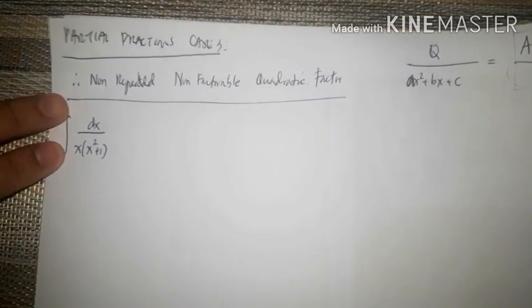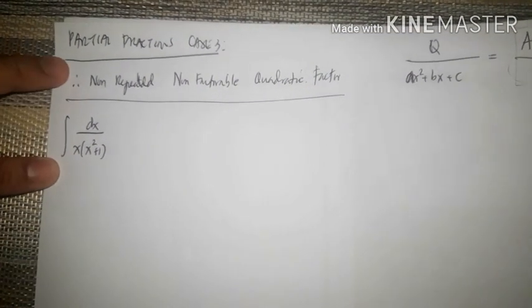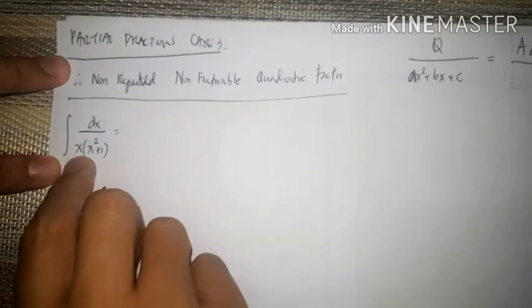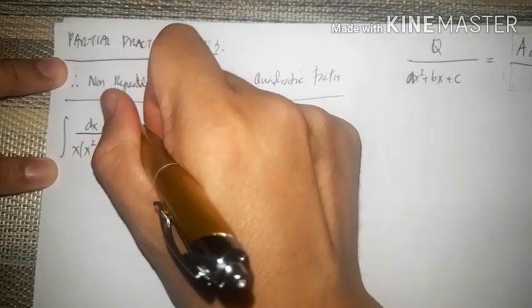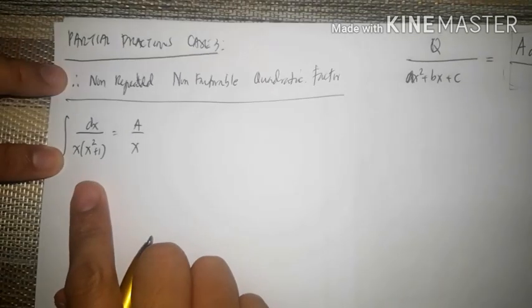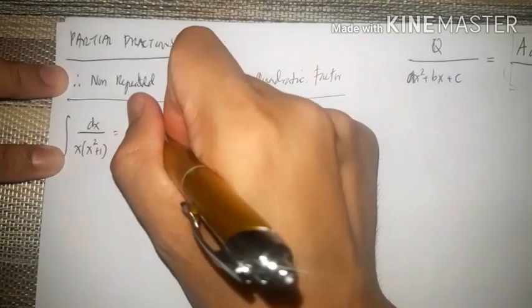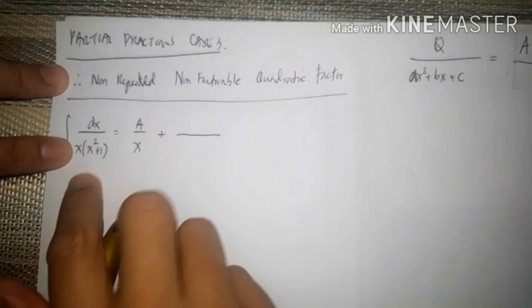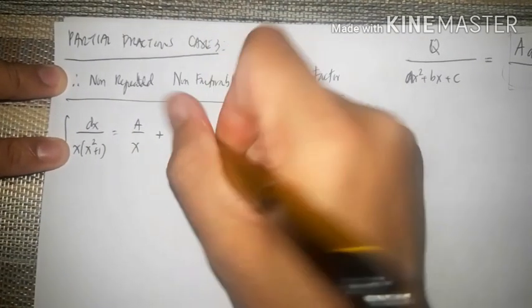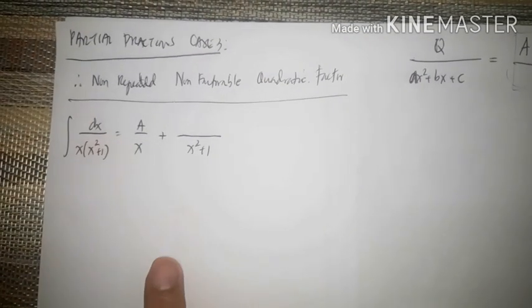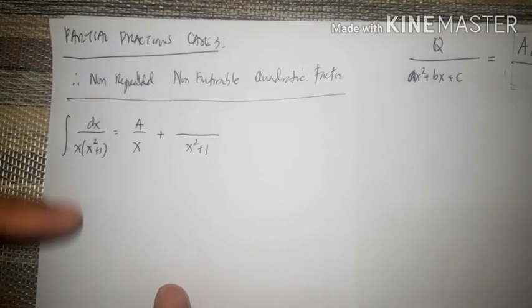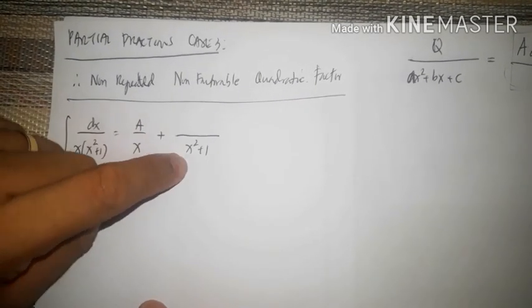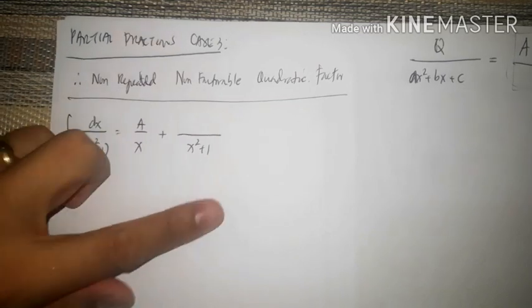So, we have here dx over x times the quantity x squared plus 1. So, since x is a linear factor, so we can equate that to a over x because that is simply a linear function or a linear factor, plus x squared plus 1 is a non-factorable quadratic factor, which is equivalent to 2 arbitrary constants. So, since may a na, so this is equivalent to b and c arbitrary constants.